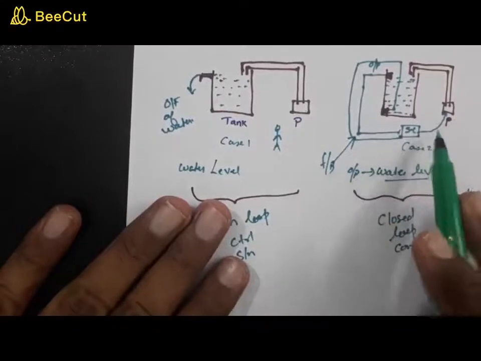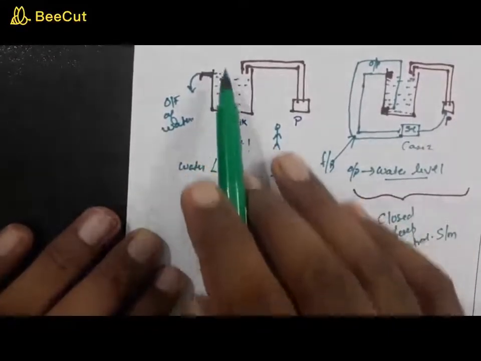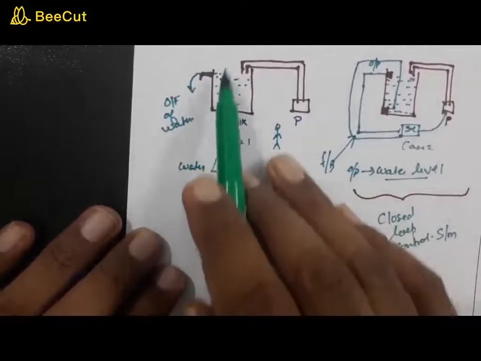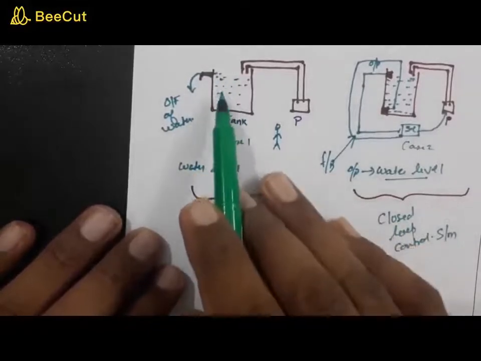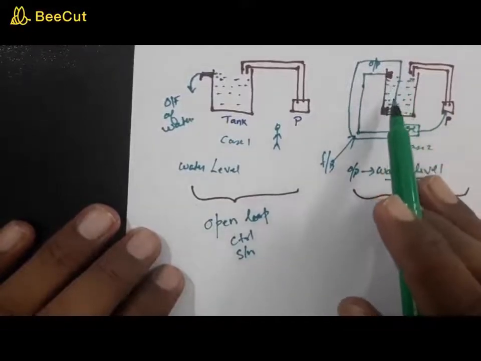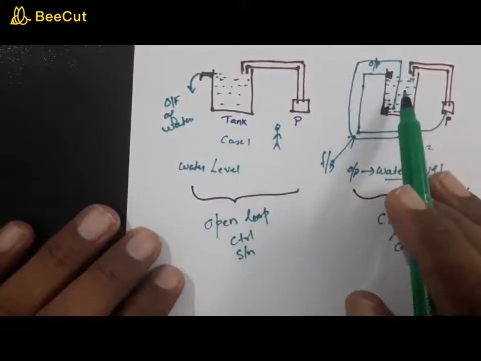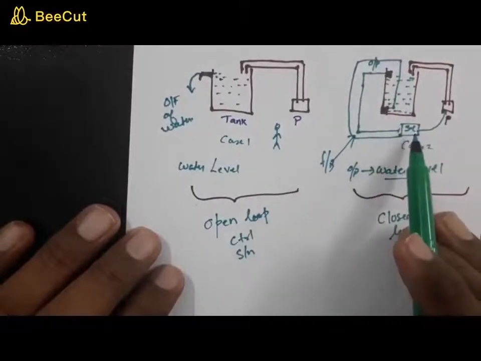Now this turning off of the pump in this case is not depending on the level. No measurement is taken for the level, while in this case the output or the level is periodically measured and is combined with something, right?